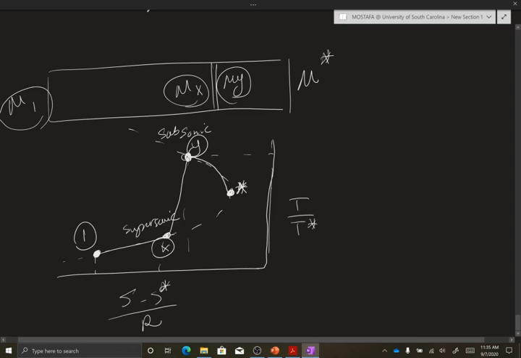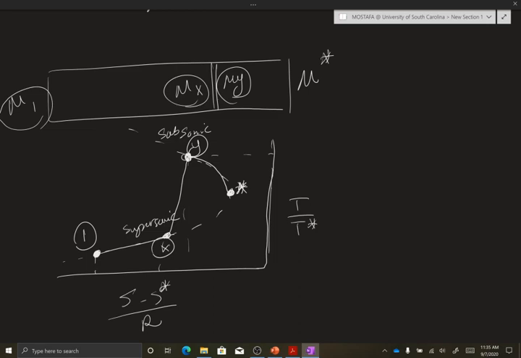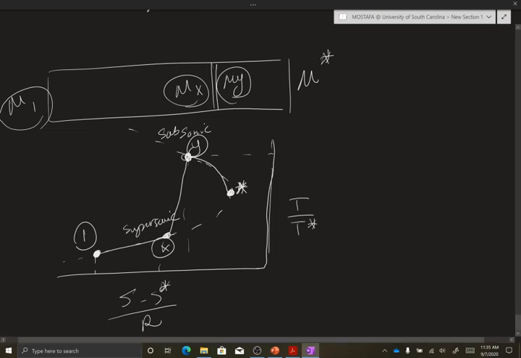So this is how a TS diagram would look for this case. And honestly, this is the hardest question you may face.